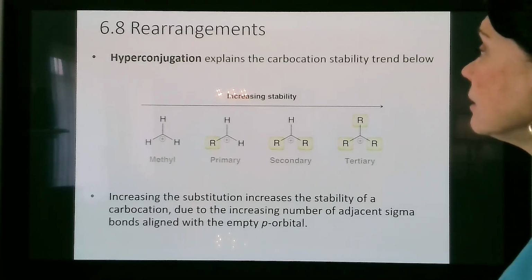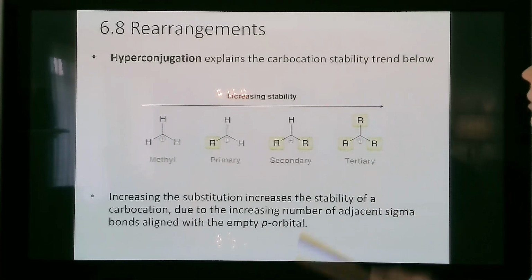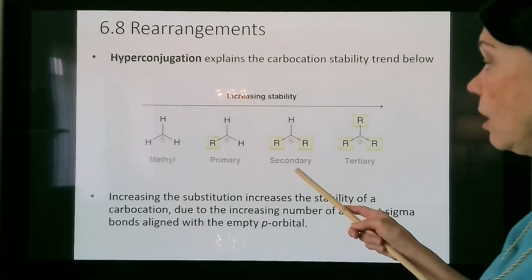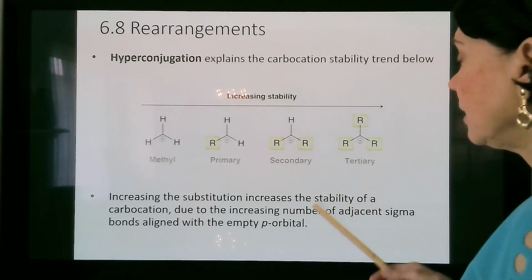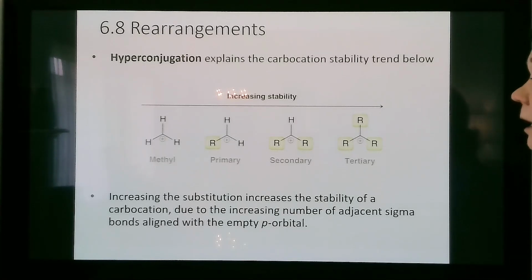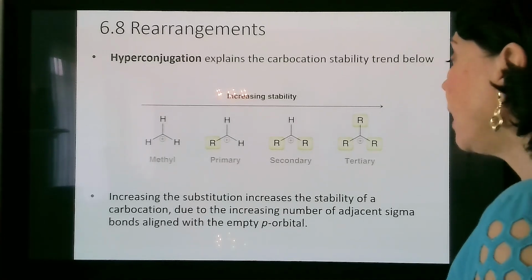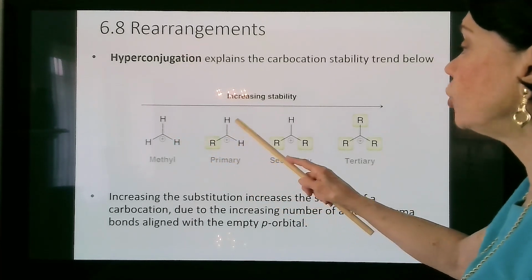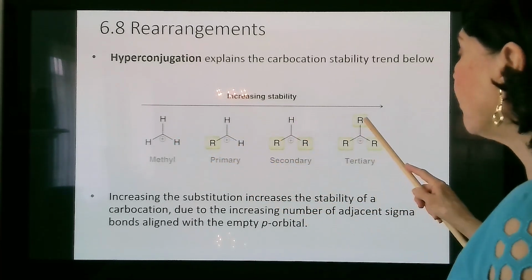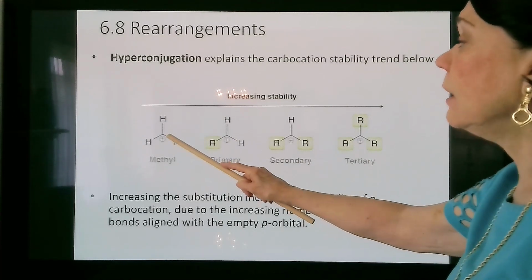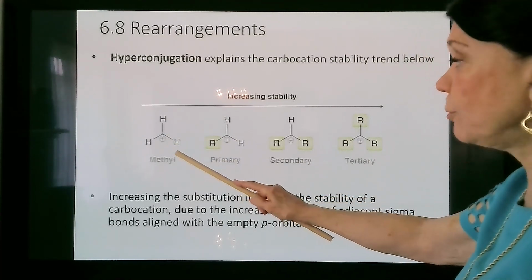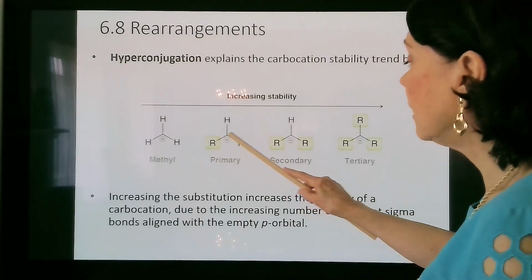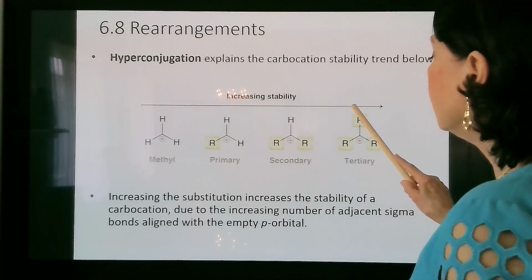Now, hyperconjugation explains the carbocation stability trend below, and you will need to know this very, very easily, if you don't already. So what it is, as you increase the number of substituents on a carbocation center, it's a stabilizing effect because the positive charge is being spread out, spread out, spread out.